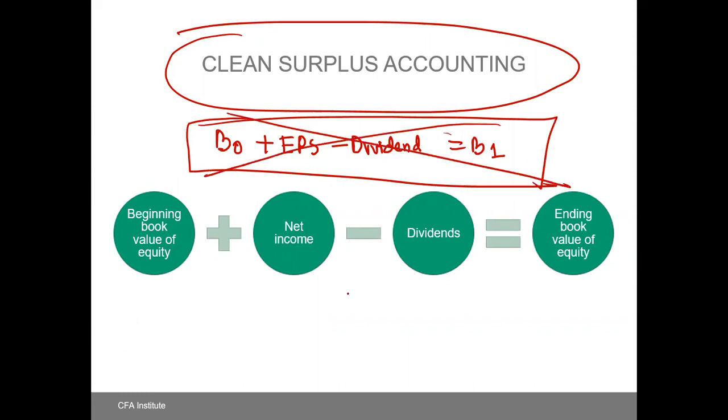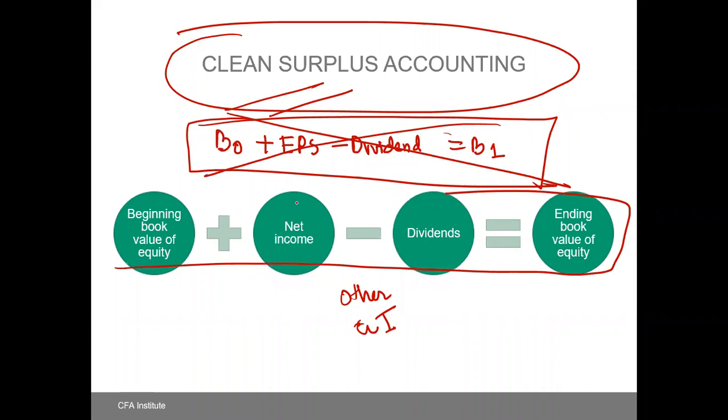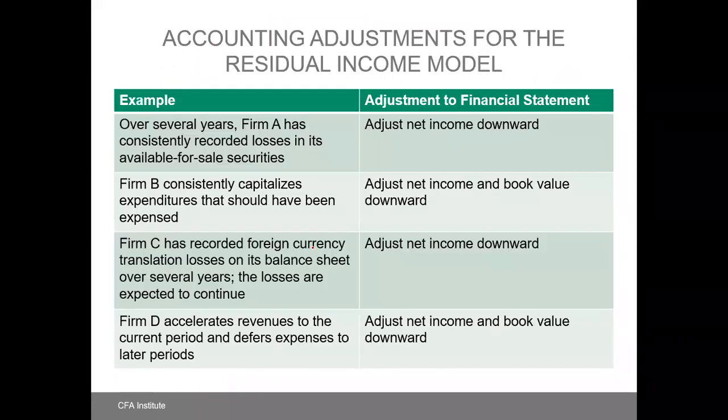So if the firm has other comprehensive income, which we discussed in the reformulation of financial statements, in that case, the residual income will not work. Let me summarize it. If the firm does not have clean surplus accounting, in that case, residual income is not a good fit for the firm.